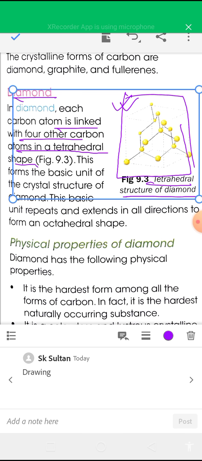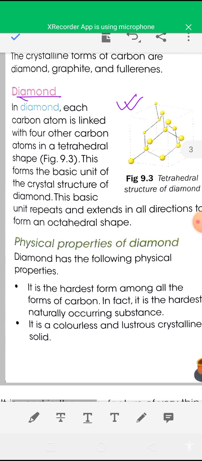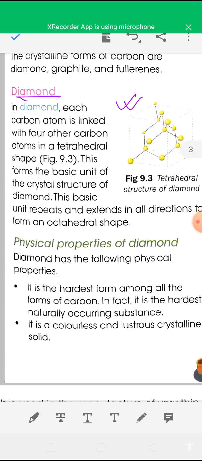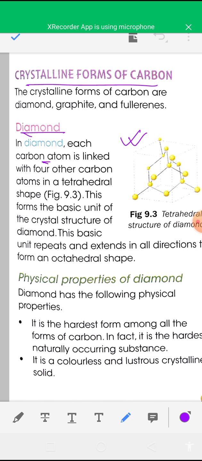This forms the basic unit of the crystal structure of diamond. The basic units repeat and extend in all directions to form an octahedral shape.